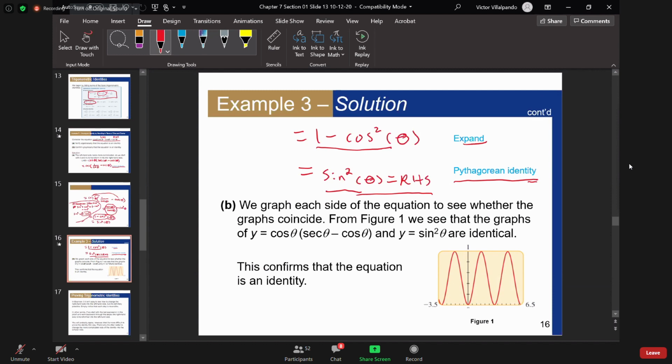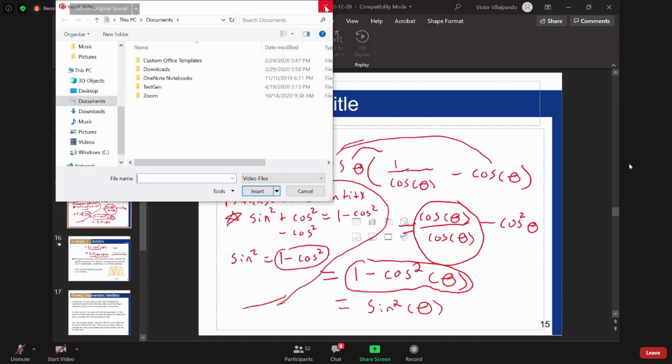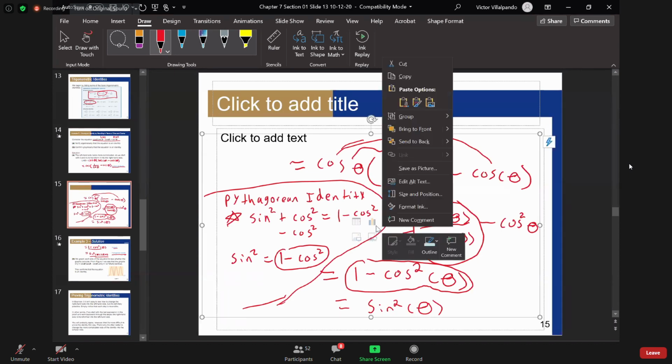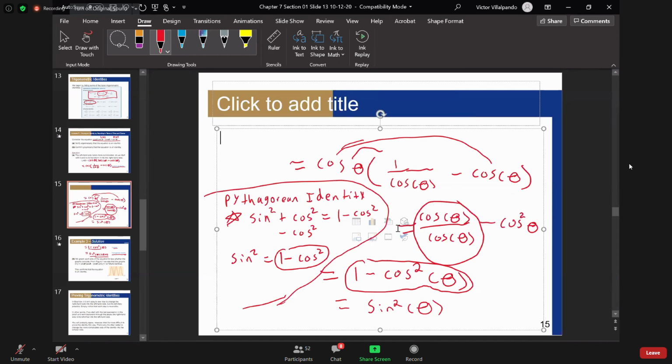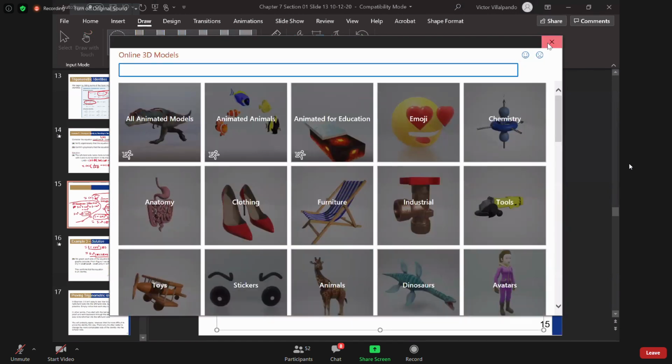To get rid of little things in the middle. Oh, you middle click the dotted line on the bottom. I don't know.